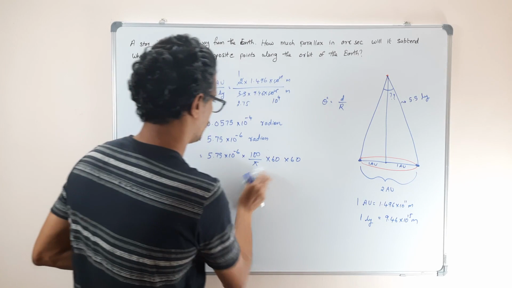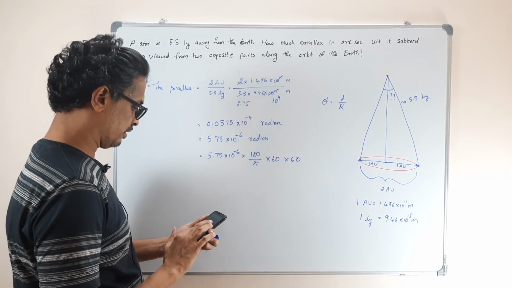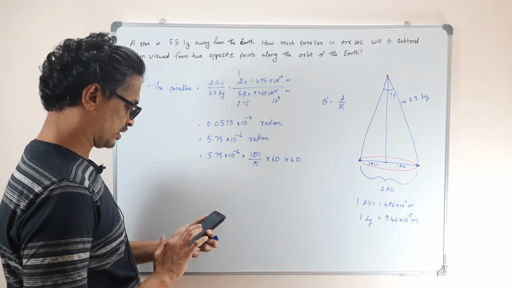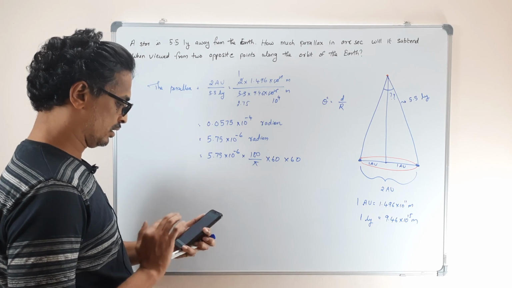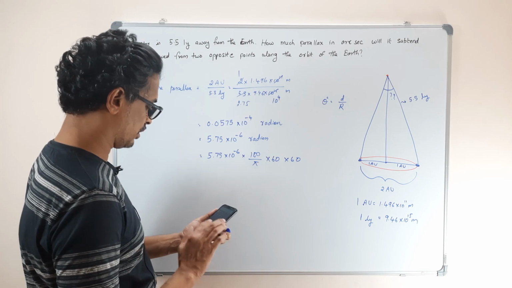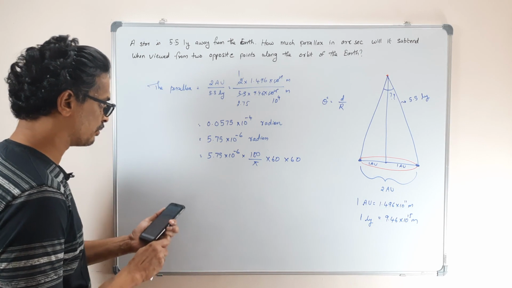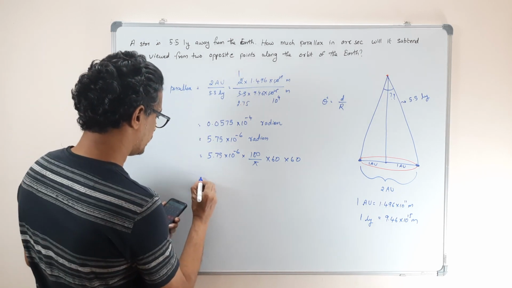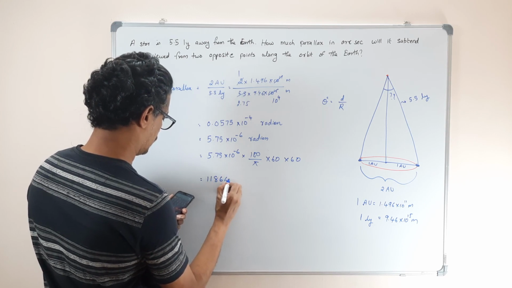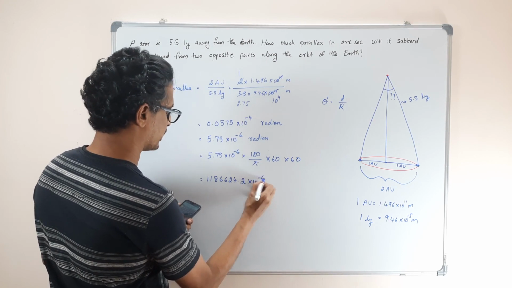What you will get is 5.75 into 180 into 60 into 60 equal to 3726000 divided by pi, 3.14. That will be equal to, yeah, this number was wrong. So what we are getting is 1186624.2 into 10 to the power of minus 6, right?